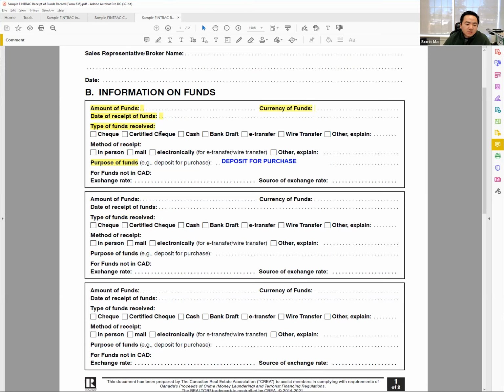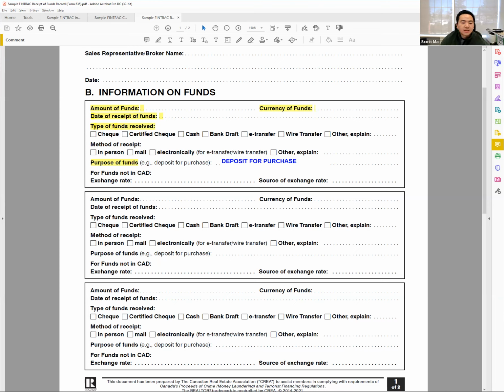So was it a check, certified check, cash, bank draft, e-transfer, wire transfer, or other, and how you received it: in person, electronically, by mail, or other. And purpose, usually it will be for a deposit for a purchase.